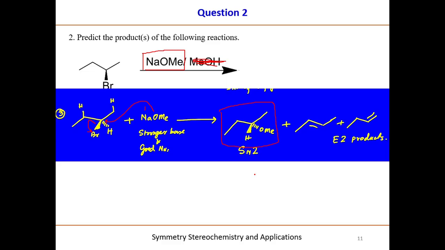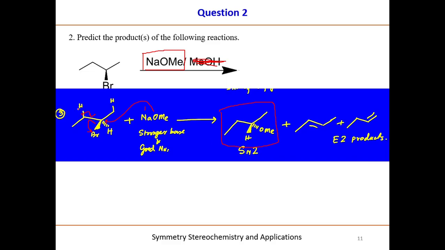So when it follows the E2 elimination reaction, there are two possibilities. One is that the base can abstract this proton, and it will give a double bond over here, with elimination of the leaving group, resulting in the formation of one E2 elimination product.